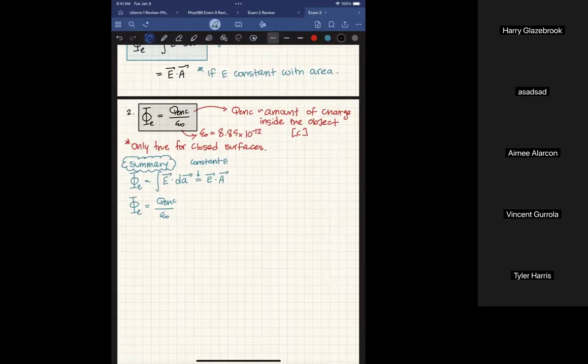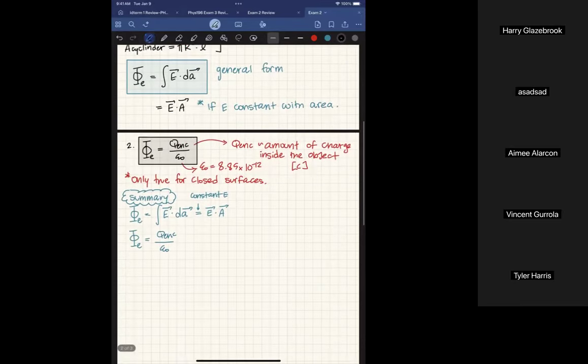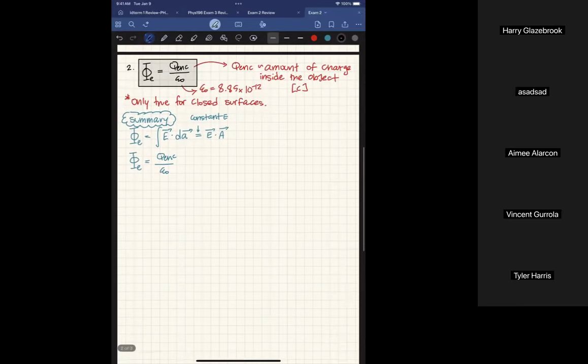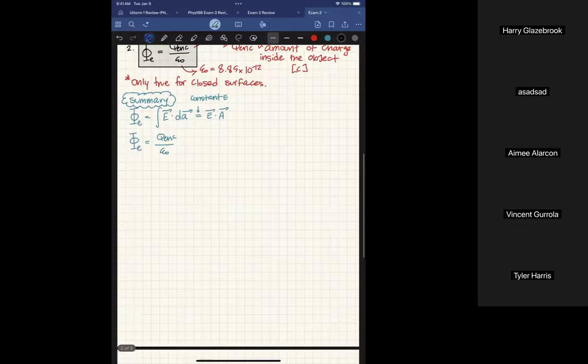All Gauss's law is we're going to set these two flux equations equal to each other. So we're going to say electric flux equals electric flux. And that means that the integral of E dot dA is Q enclosed over epsilon naught. And this is Gauss's law.